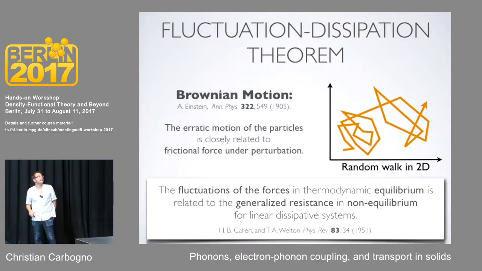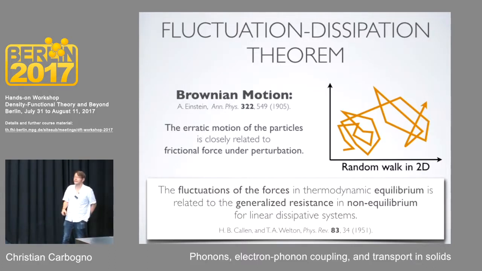Formally, it took a couple of decades longer to bring that down to something like a 20-page thermodynamic formalism that is mathematically correct. But essentially, this is exactly the intuitive idea of Einstein.